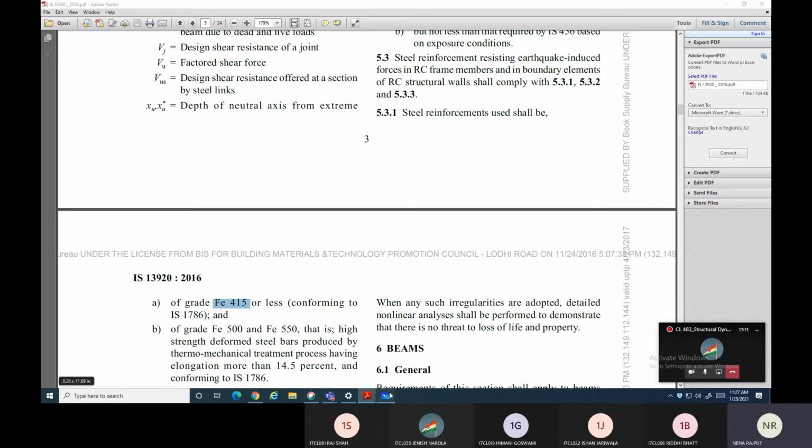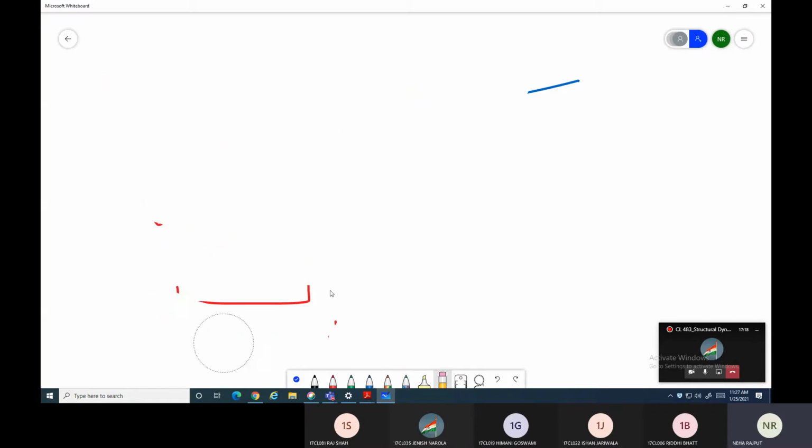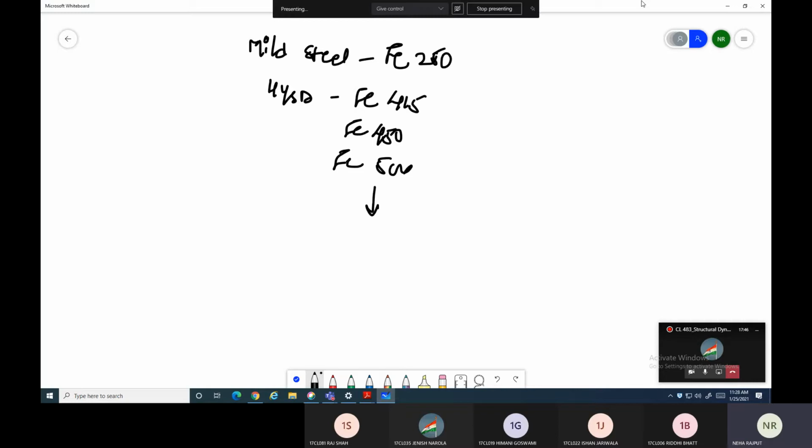The reason behind that is, as we discussed in the design part, the grade of the steel you can consider as mild steel or HYSD. Now this mild steel is Fe 250 and HYSD is Fe 415, Fe 500, Fe 550 and so on. So this is the grade of HYSD bar.